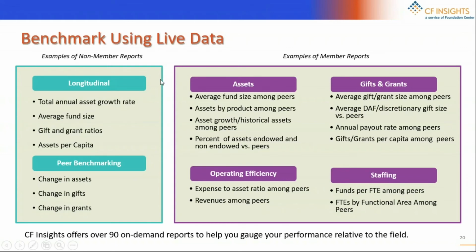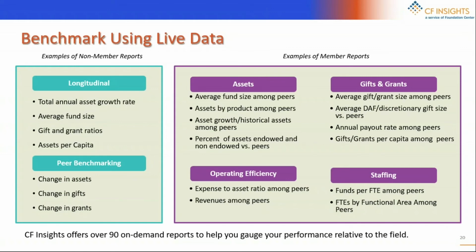So for the participants of the survey that are not currently members of CF Insights, they can run reports that compare them to an aggregated subset of the community foundation field. And member community foundations can query the peers that they want to see in a report, and they will see by name how they compare to individual community foundations.